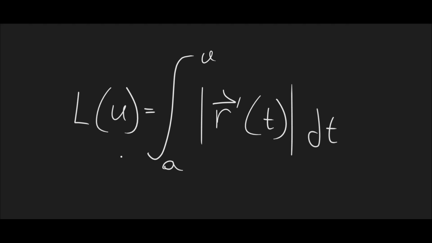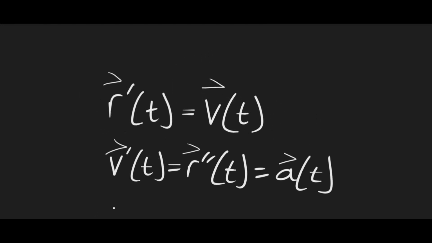So here we have an arc length function. It's going to be from A, a constant, to u, which this time is a variable. So it will be from A to u of the same magnitude of r prime of t, dt.